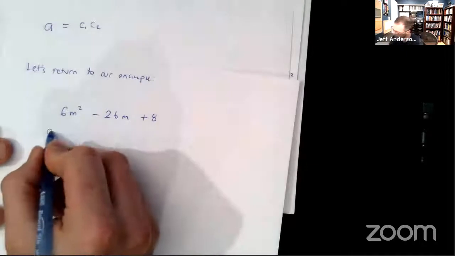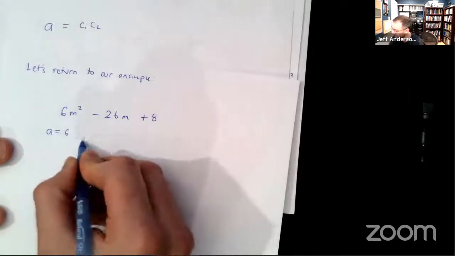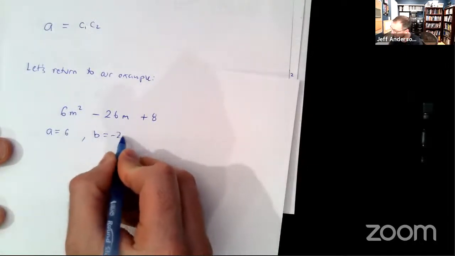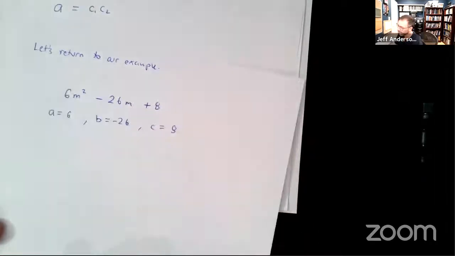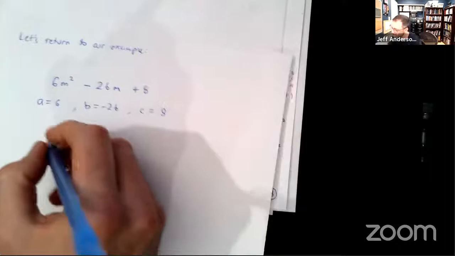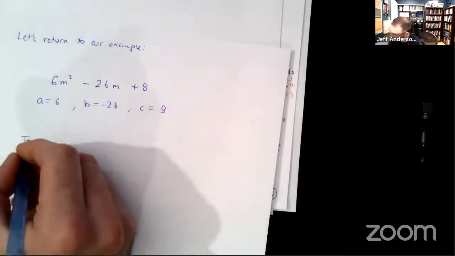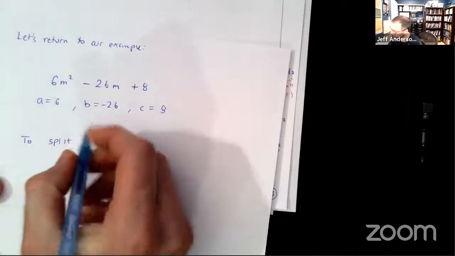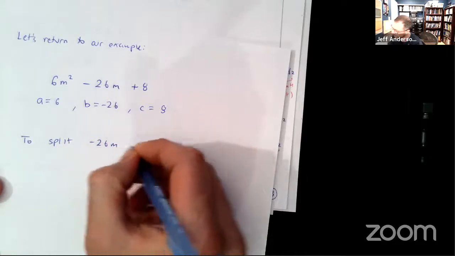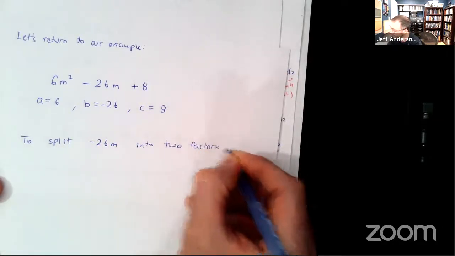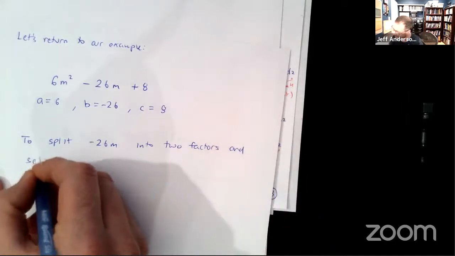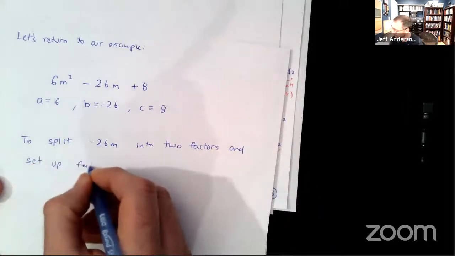Let's specifically identify A equals 6, B equals negative 26, and C equals 8. And so we wanted two numbers to split negative 26m into two factors and set up factor by grouping.